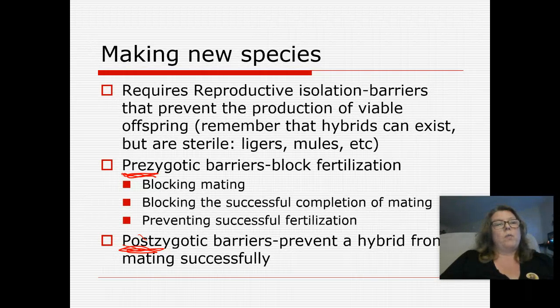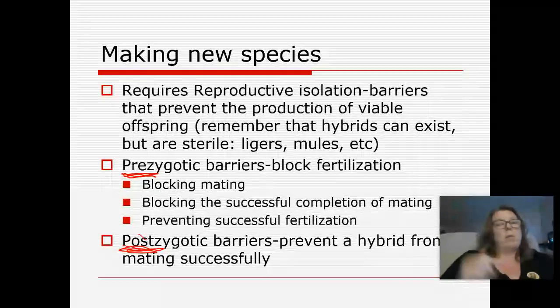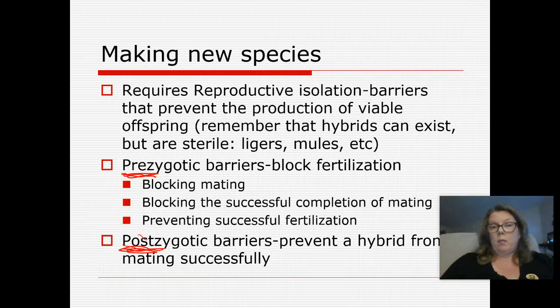So you can block fertilization in some way, right? You're blocking fertilization. That's a prezygotic barrier, because you're preventing the creation of a zygote. So you can block mating, you can block the completion of mating, or you can prevent successful fertilization. Those are the three ways that you can do that.